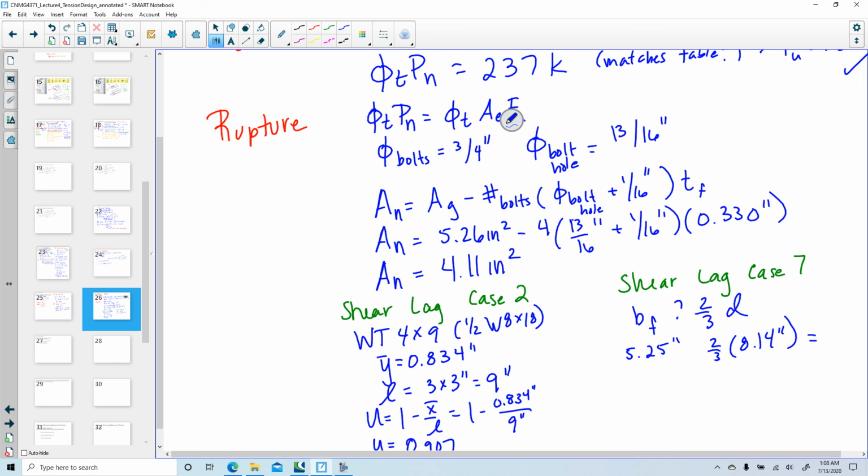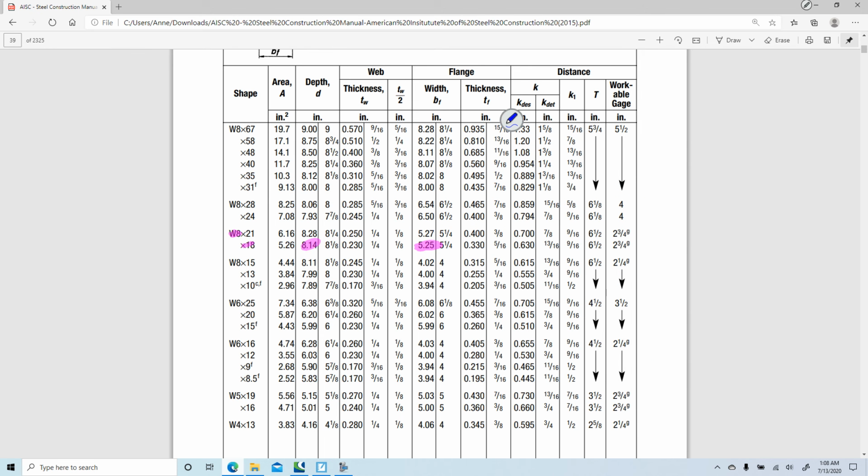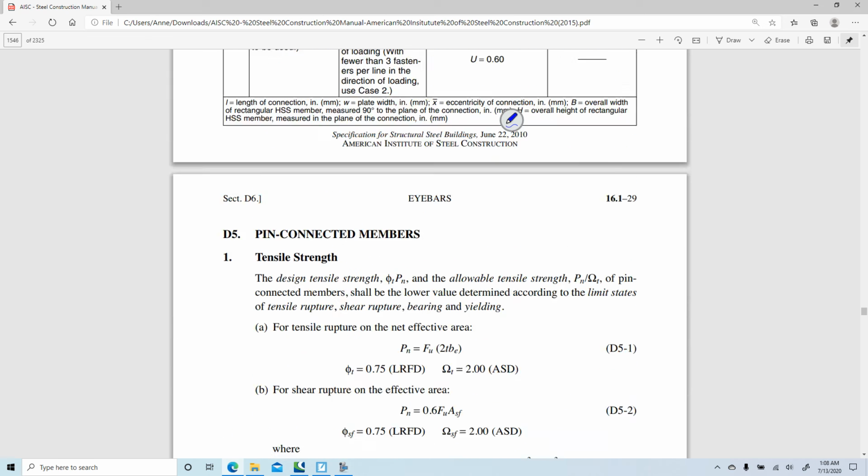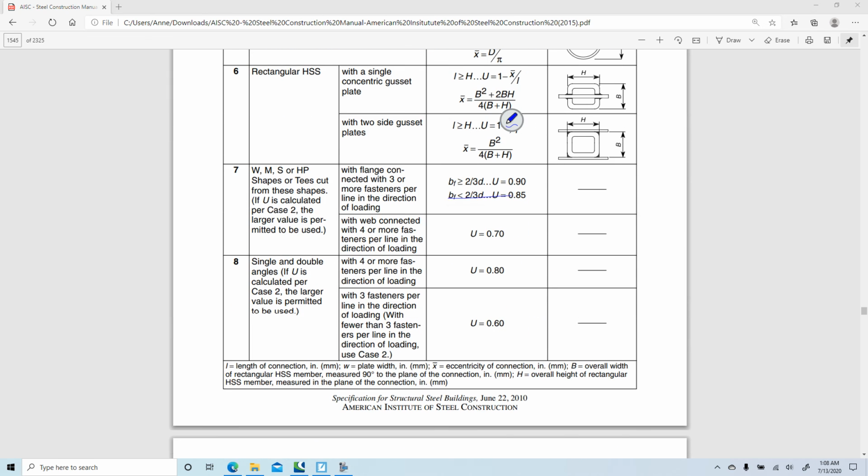So that is 5.42. So my flange width is less than that, and it says if it's less, then I can use a U of 0.85.